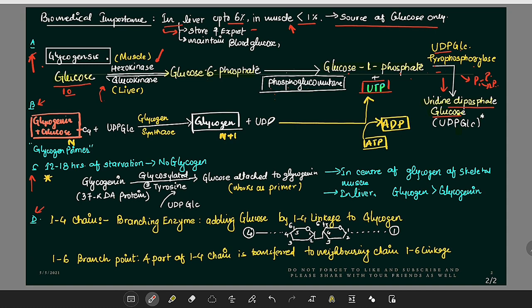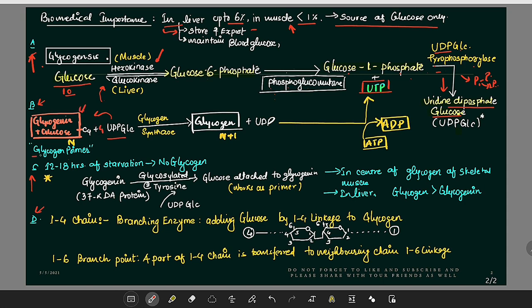In a cell, one primer molecule, called the glycogen primer, is already available, working as the receiving end of glycogen synthesis. UDP glucose is added from its carbon 1 position to the carbon 4 position of this primer.